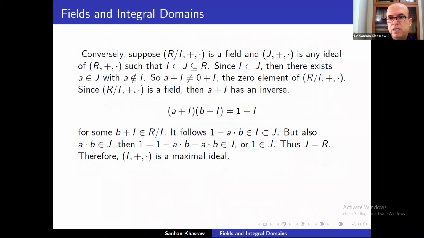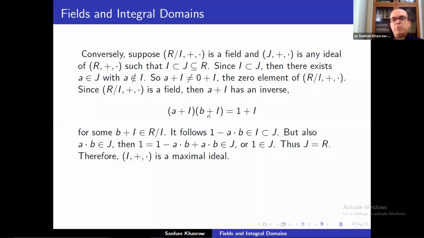Suppose we have another ideal J between I and R, where I is a proper subset of J. From this inclusion, there is some element in J which is not in I. So I say A is in J and A is not in I. It means A plus I is not equal to 0 plus I, because A is not in I. So A plus I is a non-zero element in the quotient, and since the quotient is a field, A plus I has a multiplicative inverse.